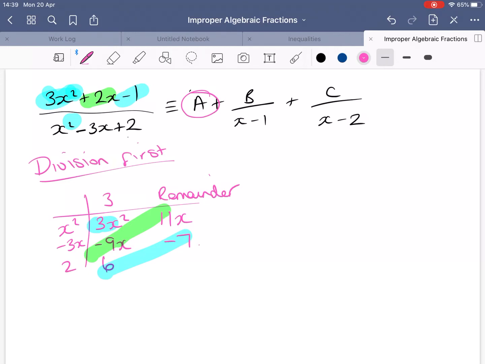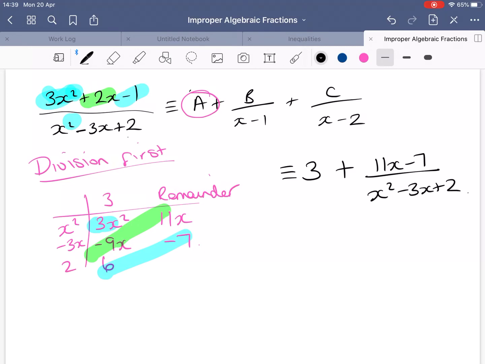So once I've done my division, I can actually say this equals 3 plus I've still got my remainder, which needs to be divided by x squared minus 3x plus 2.